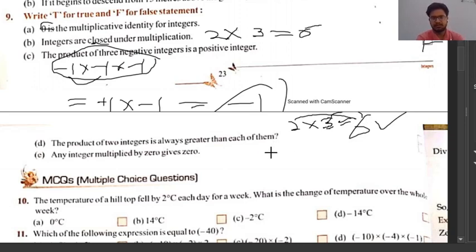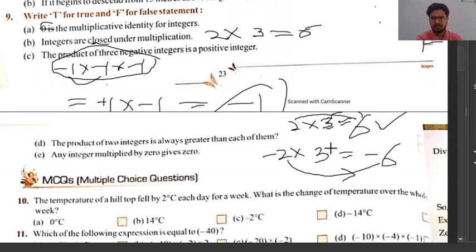If I write here -2 multiplied with 3, what will you get here? -6. What do you notice here? See, 2 times 3 is 6 and -2 times 3 is -6. You see this -2 is greater than -6.